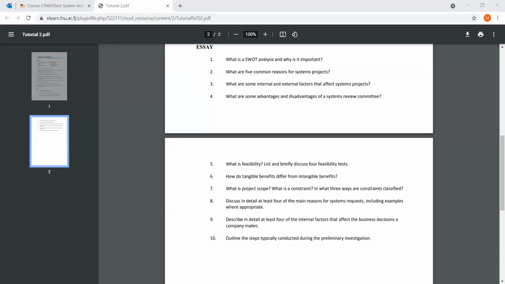Number 2, it gives a good understanding of both internal and external factors affecting the business.